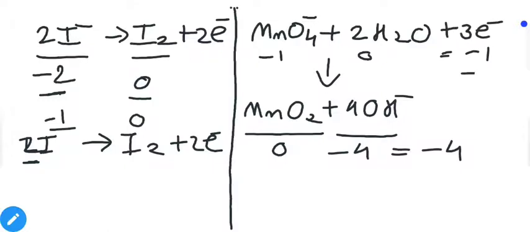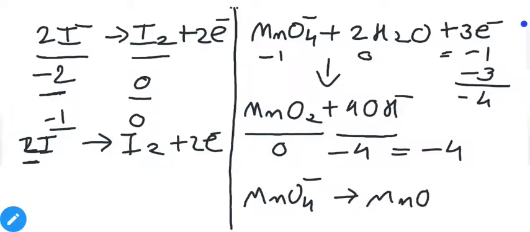So now with the addition of 3 electrons, total charge on reactant side is -4 as well. Or as a second technique we can use MnO4 minus is changing into MnO2. That means from +7 to +4. So simply it means it will consume 3 electrons. So we can add 3 electrons on reactant side.